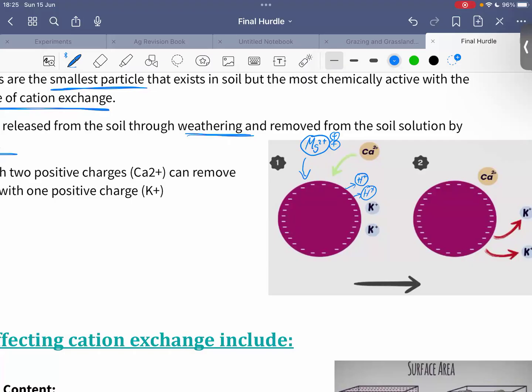Does that make sense, that we have two positives coming in? That means 2 positives has to go out, okay? All about balance. We can't have 2 positives coming in and 1 positive going out, okay? If 2 positives are coming into the soil particle, 2 positives have to leave in the form of 2 +1s or 1 +2, okay? So hopefully that makes sense.